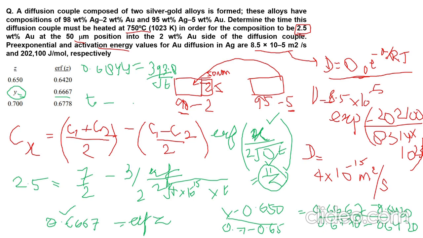So how much time will it be in hours? 9.2 hours. 9.2 or 92?